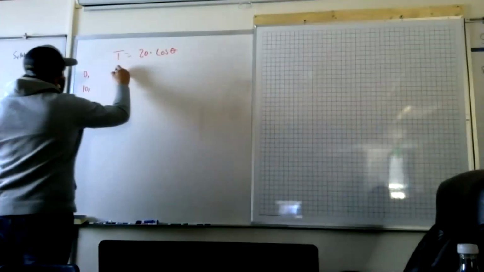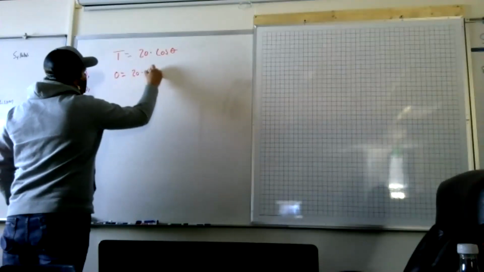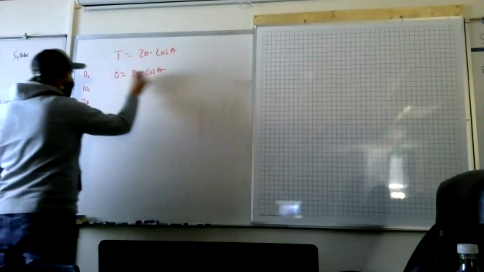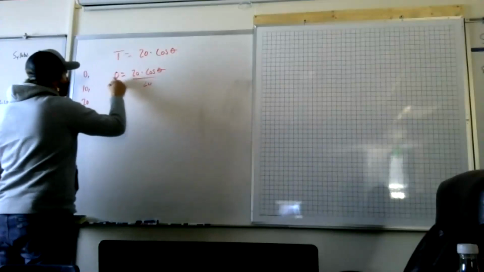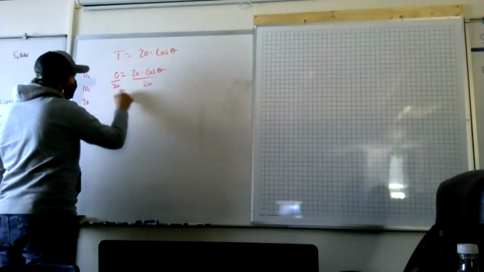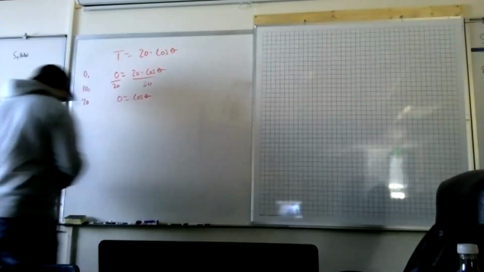So when I plug in 0 for T, 0 is equal to 20 times the cosine of theta. Just like any other equation, I want to isolate cosine of theta, so I'm going to divide both sides by 20. I'm going to be left with 0 is equal to cosine of theta.